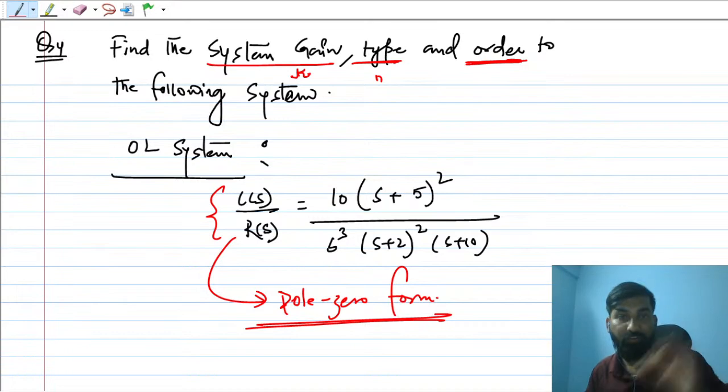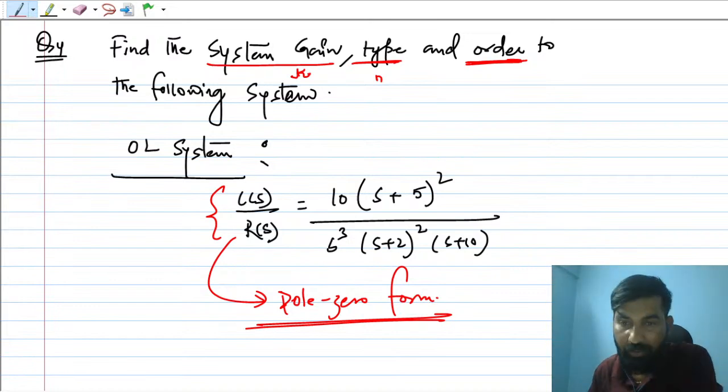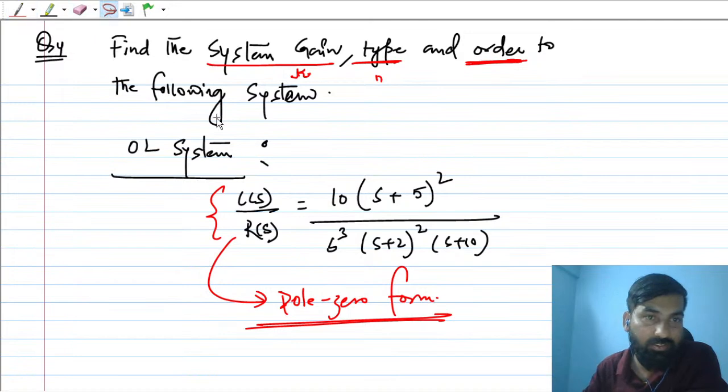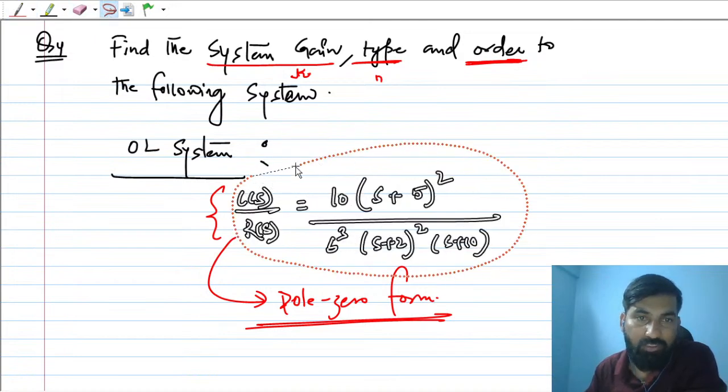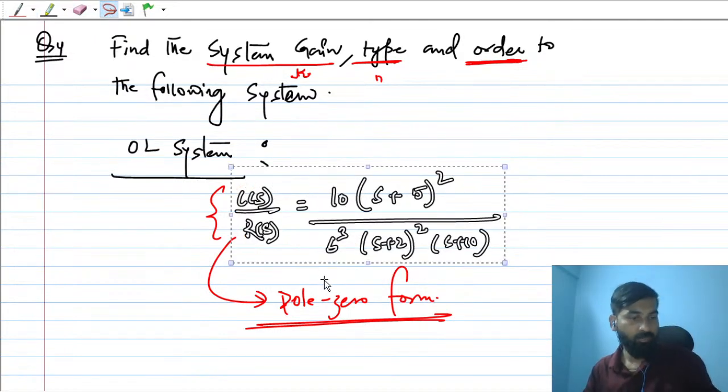That is the very first practice you have to do. Can somebody tell me in the chat box what the system gain will be here? Let me carry out the solution. Please keep in mind this is very important: whenever the pole-zero form is given, you have to convert it into time constant form.